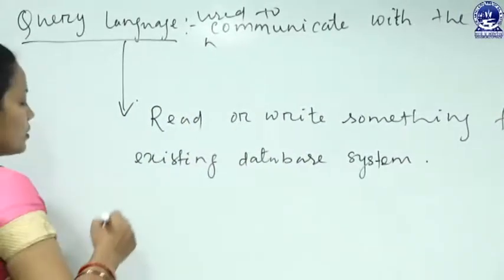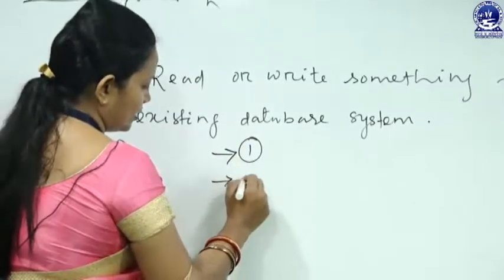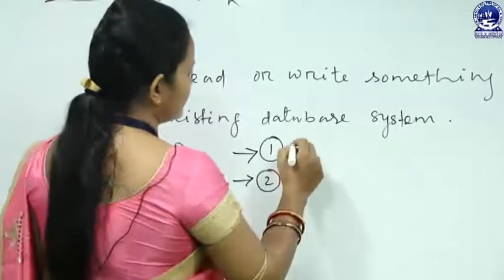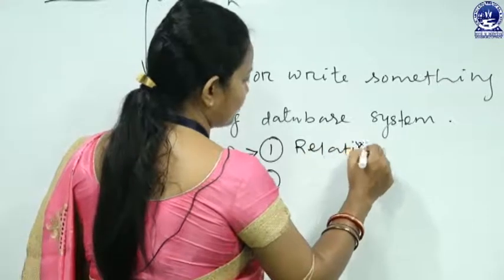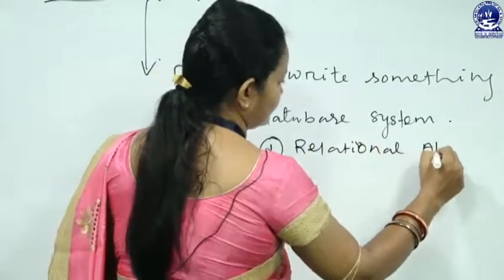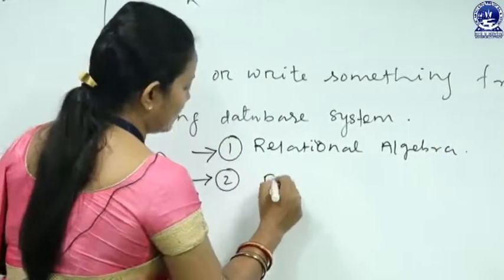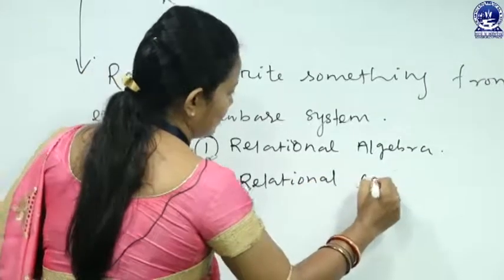So, here the query language is divided into two categories, that is relational algebra, then the second one is relational calculus, right.